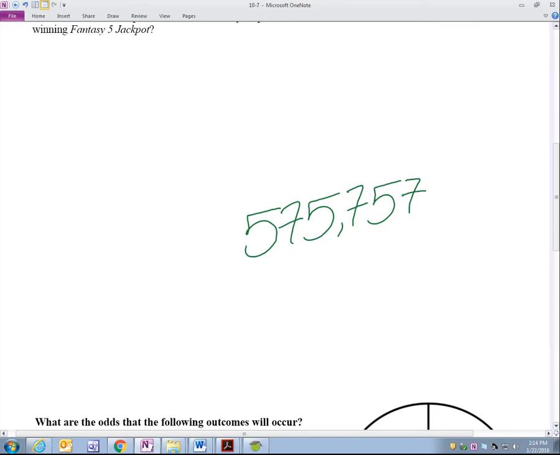That's how many total possible combinations there are. Now, out of those possible combinations, if you were to get that ticket, how many winners are there?